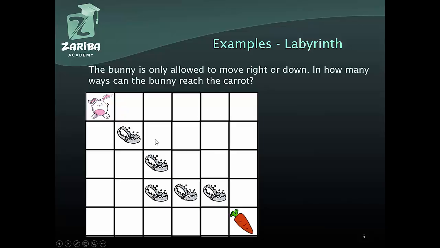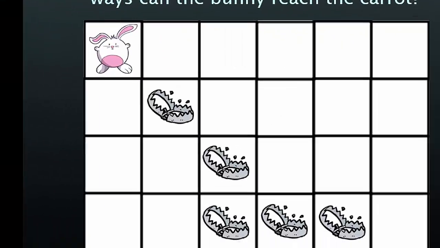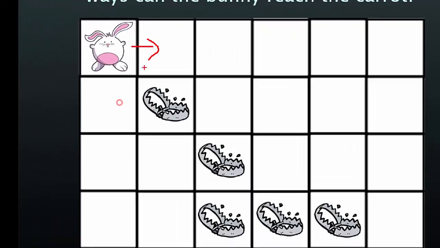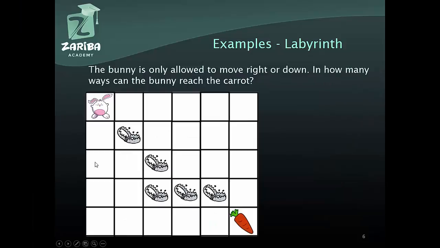Okay, so we have a bunny, which is allowed to move only right and down. It's not like last time where we allowed every direction, just right and down. And we want to see in how many ways the bunny can reach the carrot.